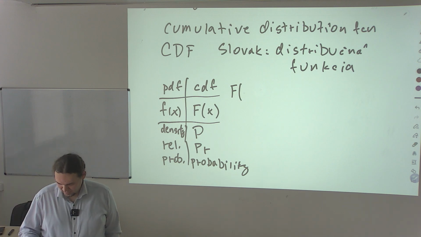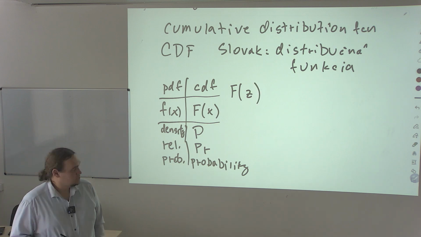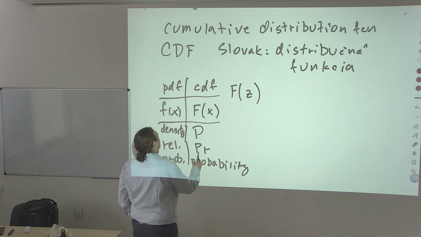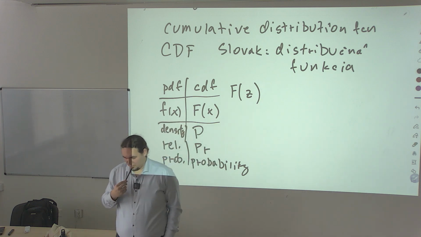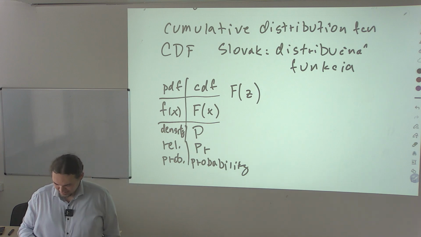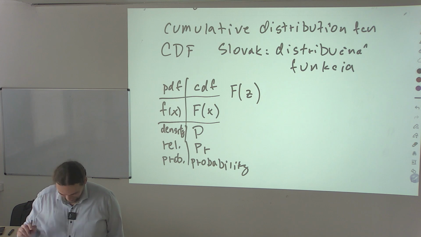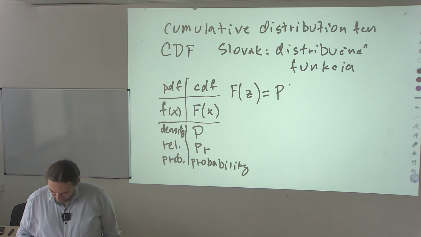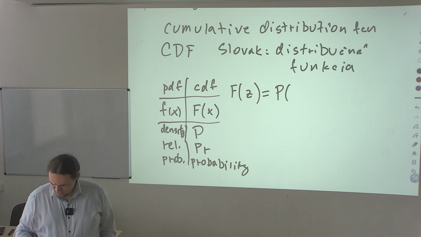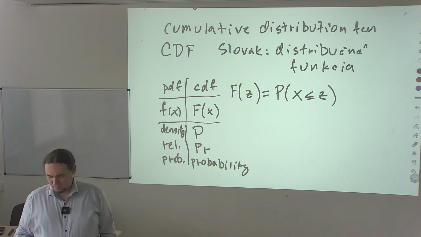Let's change a variable slightly, I promise it's helpful. So the value of the distribution function at a particular x, the z will be a value of x. I will draw it in a second. It tells the probability that x is less than or equal to z.